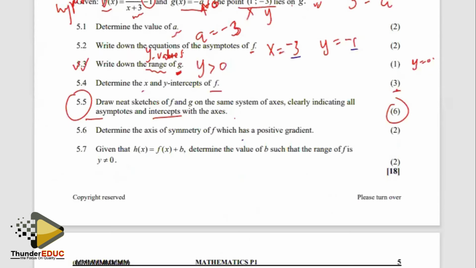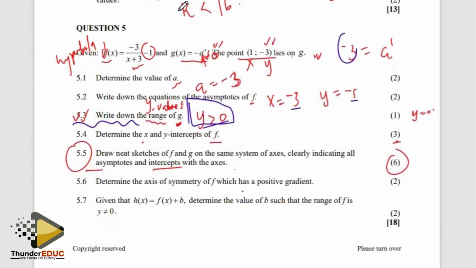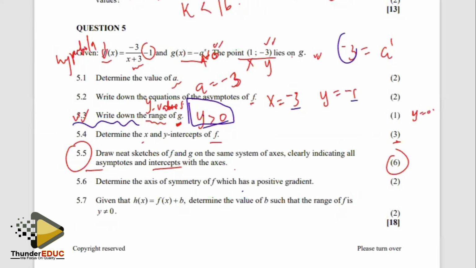So since the A is a negative, this might actually even change the whole scenario of this range. Why is it greater than 0 if it's a negative? Anyway, let's see. So if X is a 0, Y is going to be, remember it is negative.